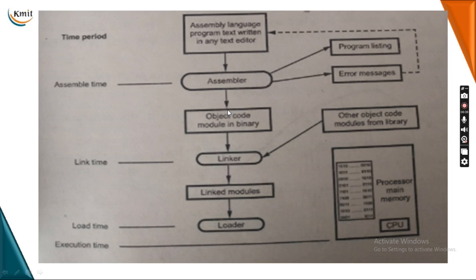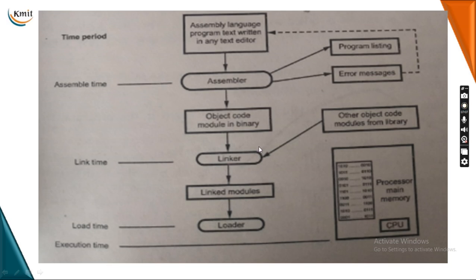The linker will link the other object code modules from binary. What the assembler does is check for errors and provide an object code module, in binary. Again, the assembler's purpose is checking for errors and decoding your program into a machine level or binary level module.